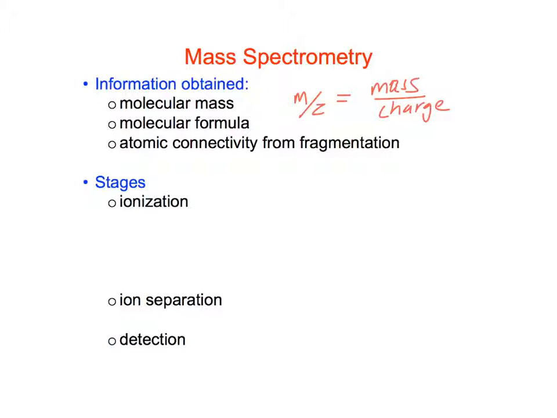But there are techniques that we'll talk about later which are mostly applicable to big molecules and proteins and things like this, where you can have a multiply charged ion. Okay, and there's some advantages to that if you have very big molecules. All right? So we measure the mass to charge ratio. Hopefully from that we can get some information about the molecular formula, ideally.